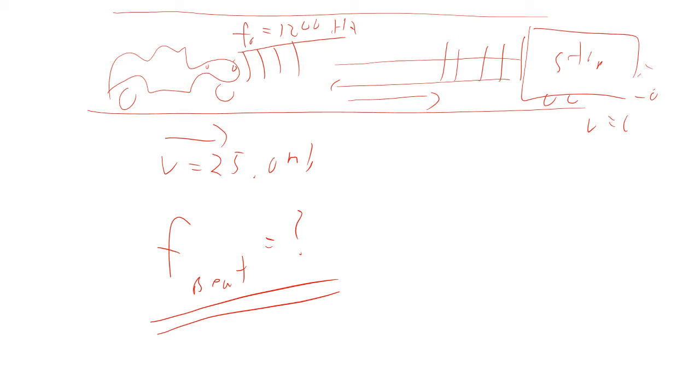In order to do that, we need to know what sound the driver hears. First of all, you need to know the speed of sound. Let's say it's a little bit cooler day, so 340 meters per second is the speed of sound. So what we've got is the car driving along, and the truck.